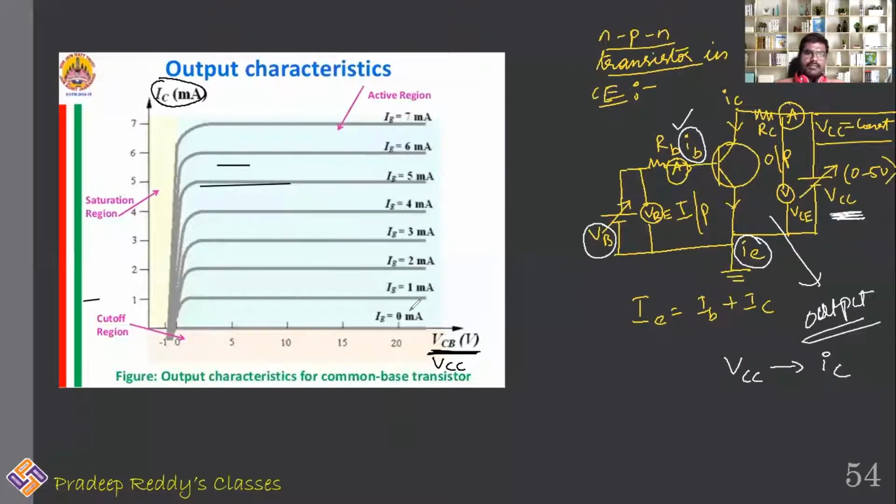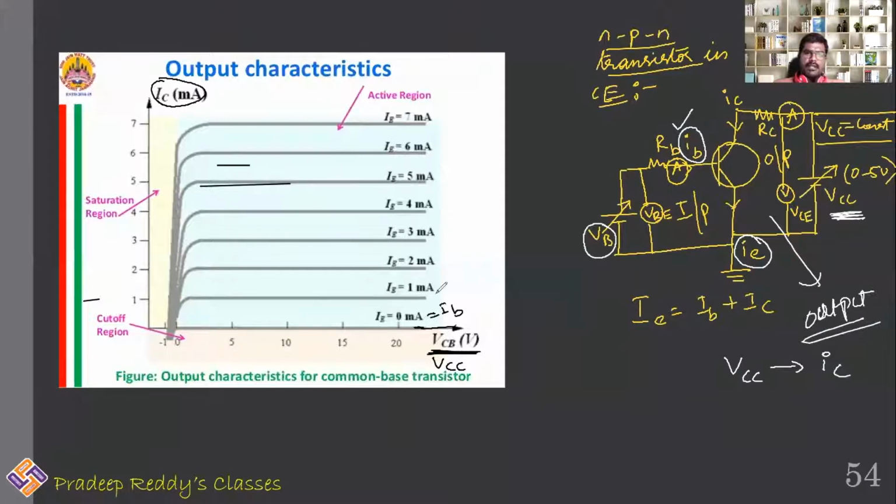Here you are taking different values of IB. If IB is equal to 0, then the current IC will also be equal to 0. That is what this graph denotes.